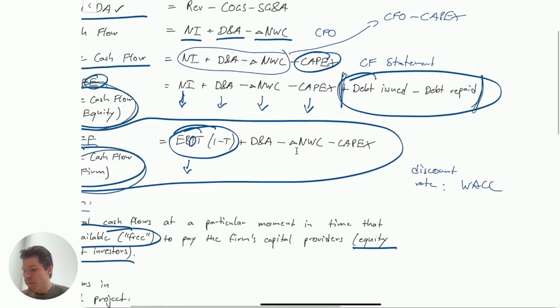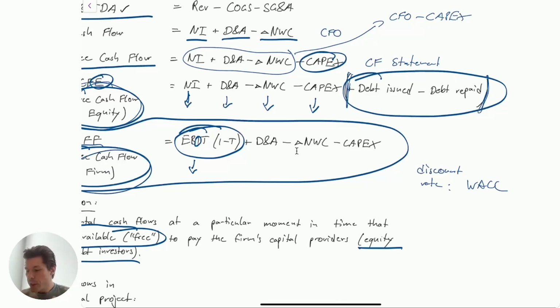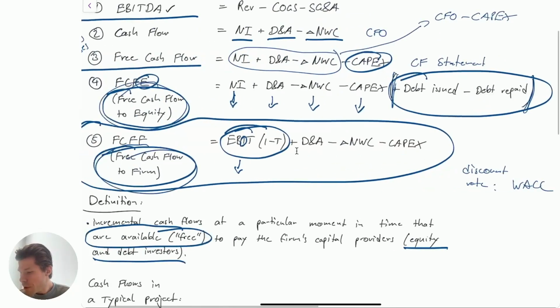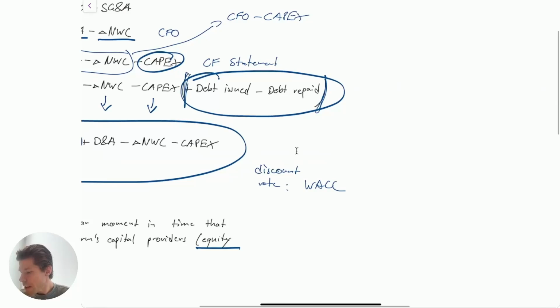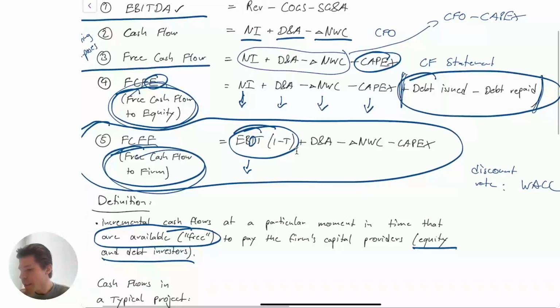That's your cost of capital as an average for both capital providers. If you use free cash flow to equity, your discount rate would not be WACC, it would be cost of equity only, because these are the cash flows that are only available for equity holders because debt holders have already been paid.